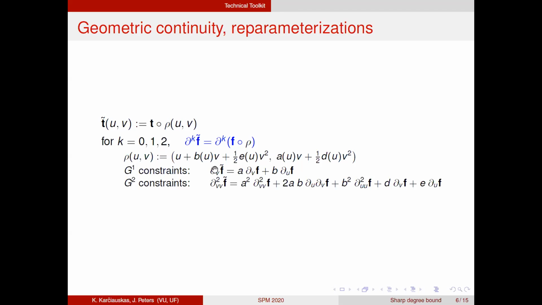And we can write these out in some more detail. What is interesting to remember here is that we have these scalar valued functions A, B, D, and E, no C in here because that's for cosines. So A, B, D, and E are the scalar valued functions in U that define this change of variables across boundaries.